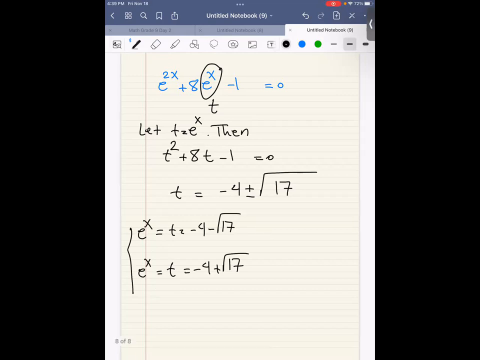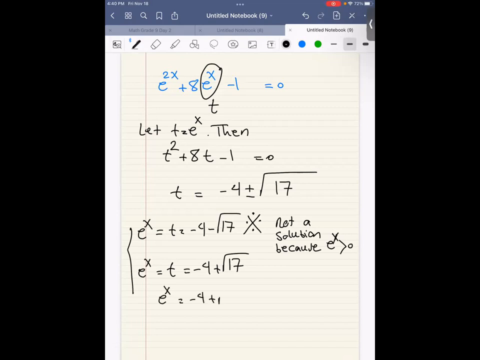So this is not a solution, because e to the power x is always positive. So that means e to the power x is this guy.